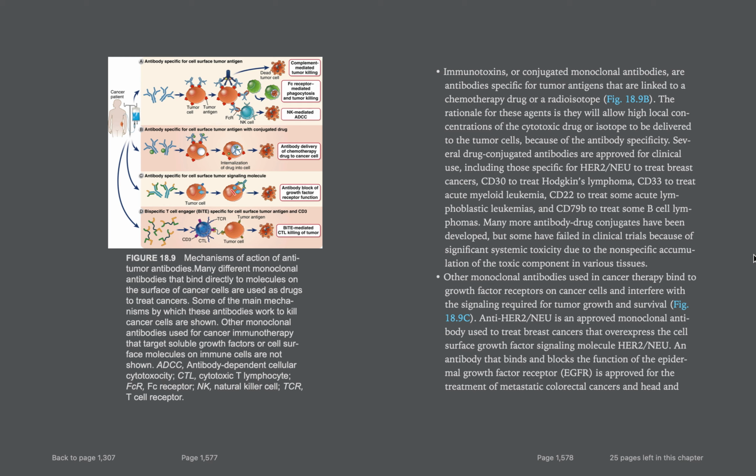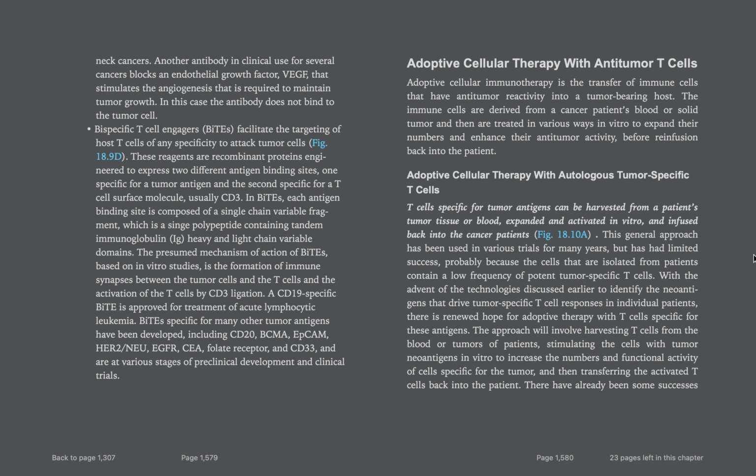Other monoclonal antibodies used in cancer therapy bind to growth factor receptors in cancer cells and interfere with the signaling required for tumor growth and survival. Anti-HER2/neu is an approved monoclonal antibody used to treat breast cancer that expresses the cell surface growth factor signaling molecule HER2, and the antibody that binds and blocks the functioning of epidermal growth factor receptor is approved for treatment of metastatic colorectal cancer and head and neck cancer.